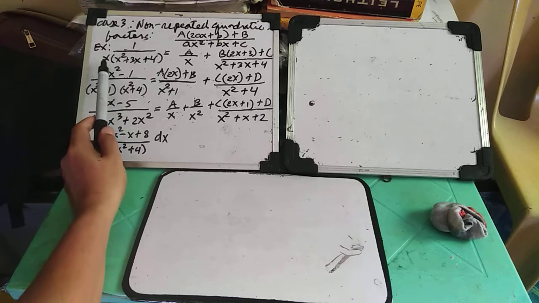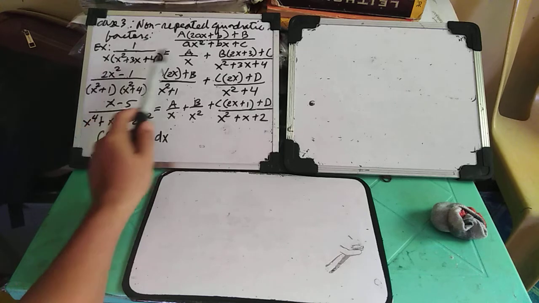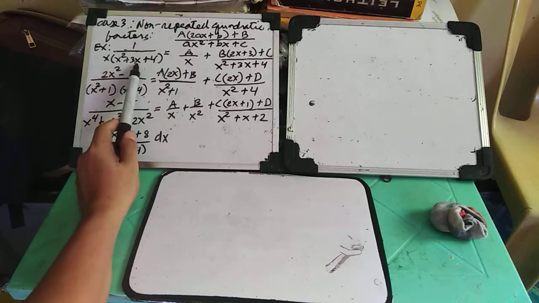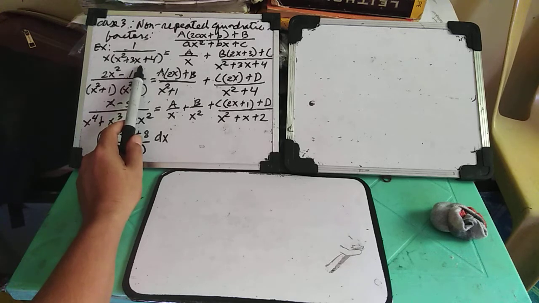Example, 1 over x times x squared plus 3x plus 4. As you can see, the first factor is a linear factor, so that's why we have A over x, but the second factor is a quadratic factor. Now, when we say quadratic factor, it is not factorable anymore to linear factor.